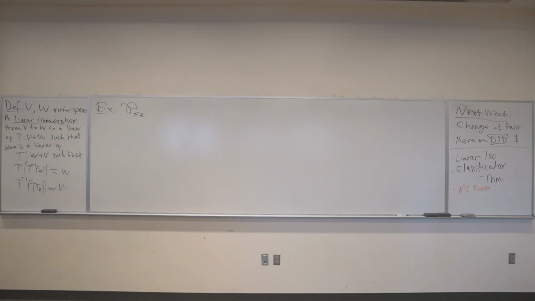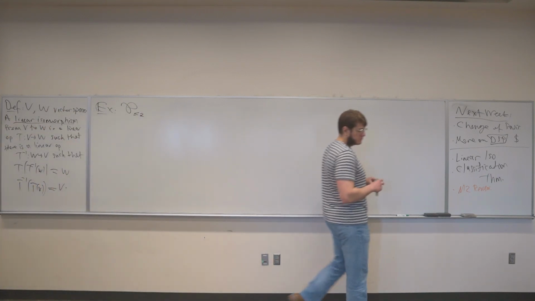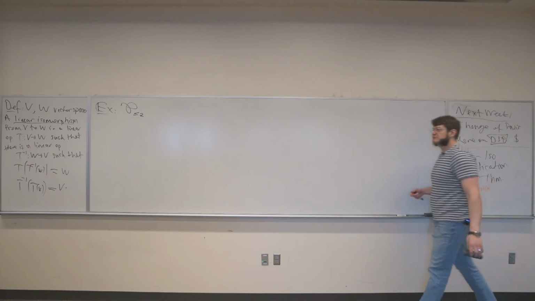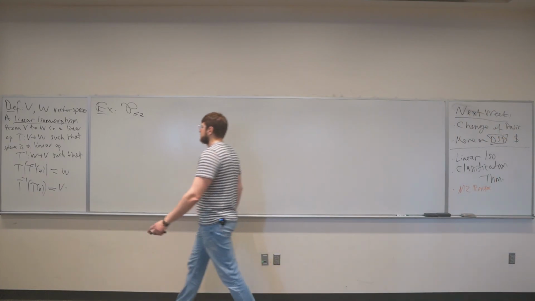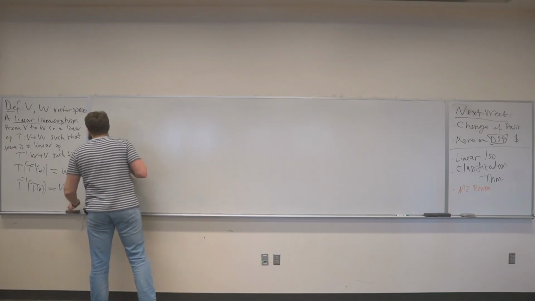That's a linear isomorphism. If there is a linear isomorphism between two vector spaces, and there might well be certain spaces that are not isomorphic, well, you call them isomorphic vector spaces.